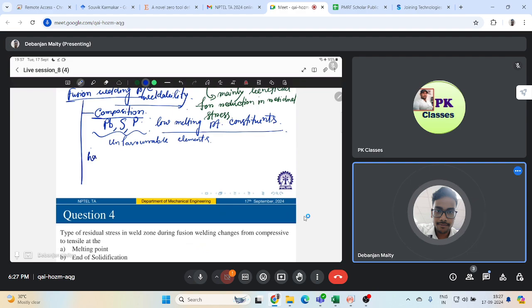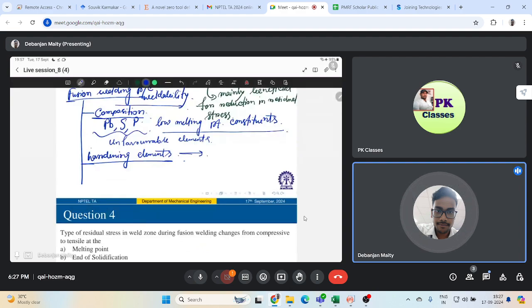Now, the hardening elements: you can have carbon, tungsten, vanadium. These are different elements which can increase your hardness.